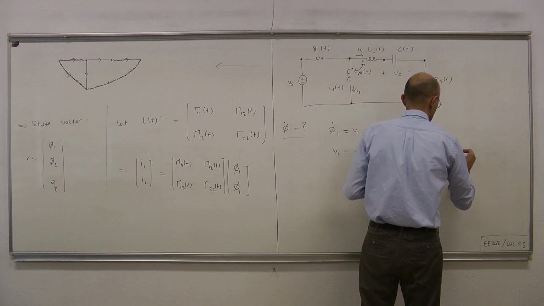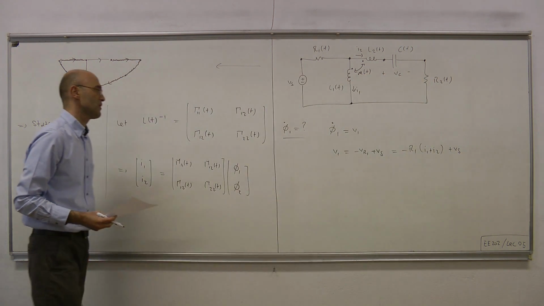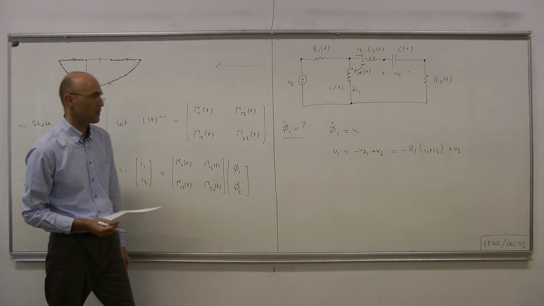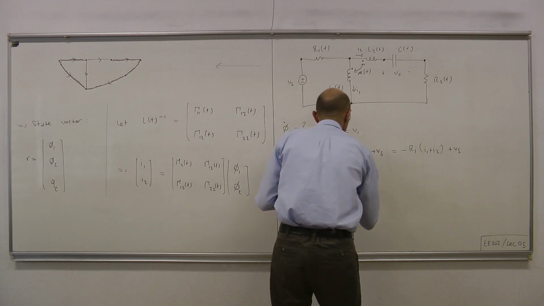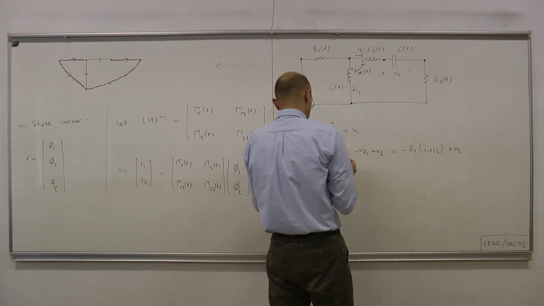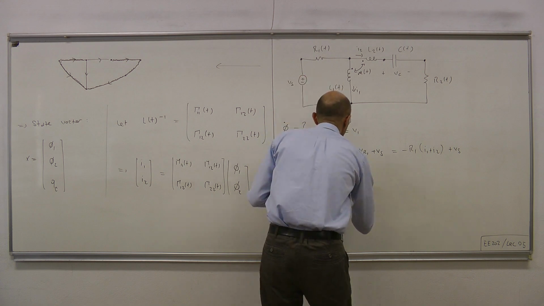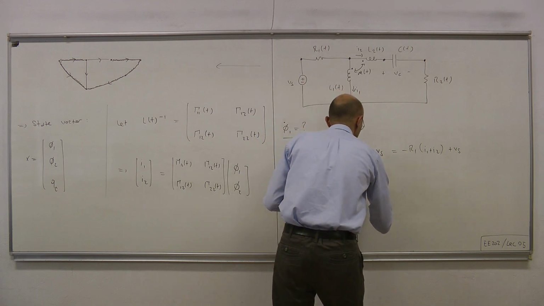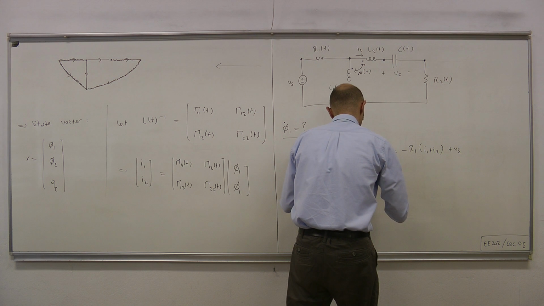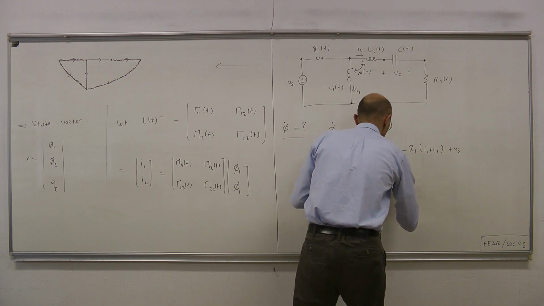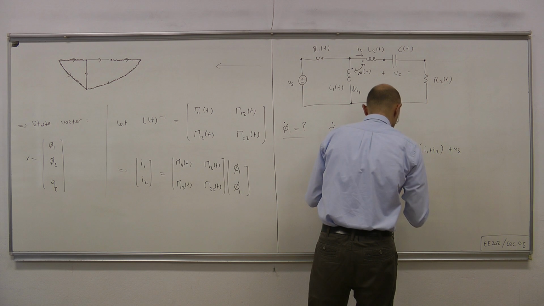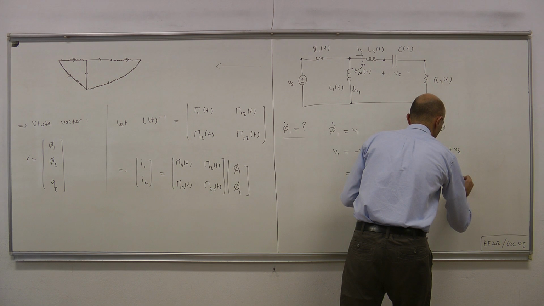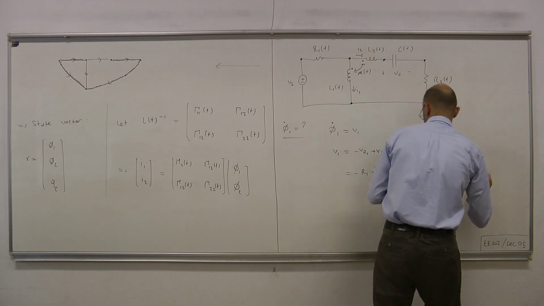And finally, we can express those two currents, I1 and I2, in terms of our state variables using this inverse matrix. Okay. So therefore, that equals minus R1 times [(gamma 1,1 plus gamma 1,2) phi1 plus (gamma 1,2 plus gamma 2,2) phi2].